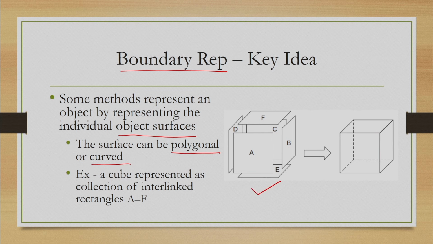Here on the left hand side of the figure we see 6 surfaces named A, B, C, D, E and F. Now, these surfaces define the cube shown on the right hand side of the image. So, we are representing the cube which is an object in terms of these surfaces which are interlinked rectangles A to F. So, that is boundary representation. So, we are representing the cube in terms of its bounding or boundary surfaces.